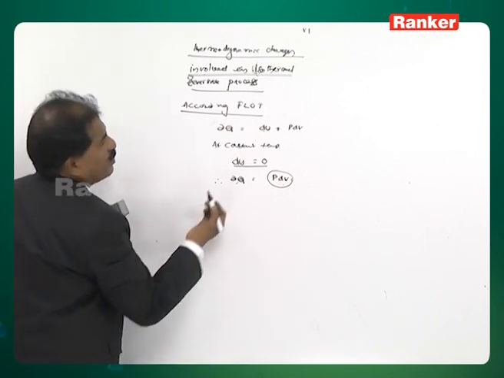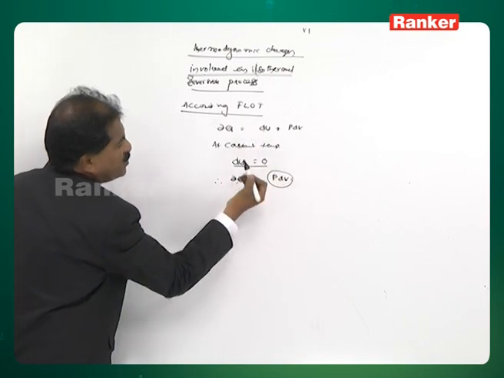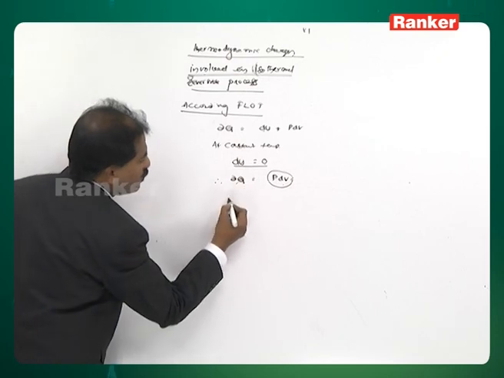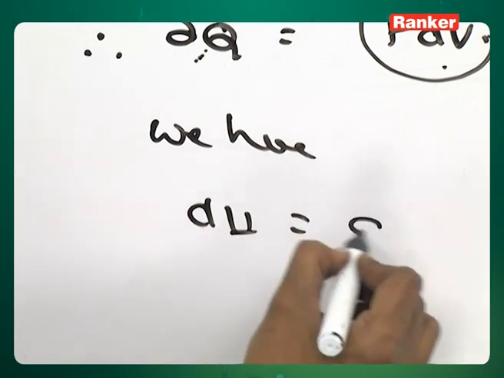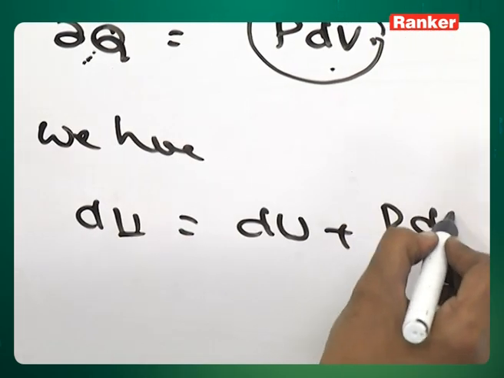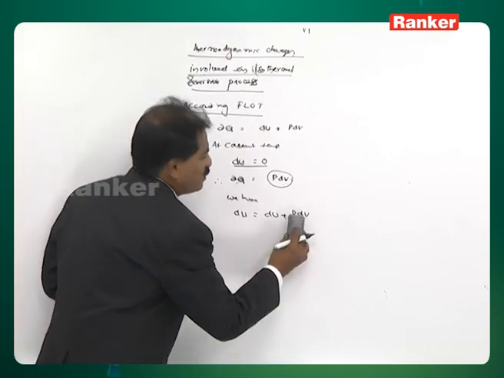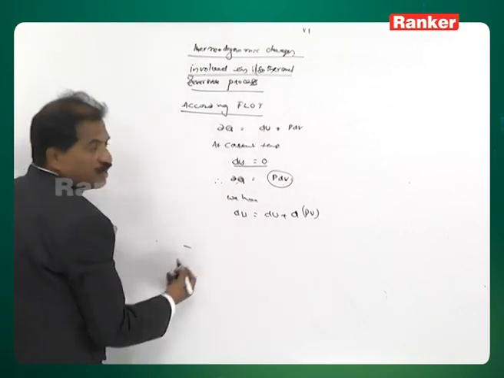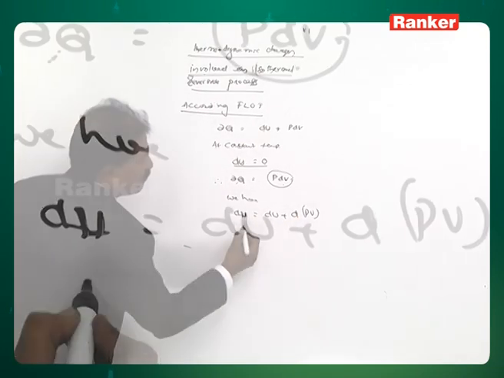According to the same first law, when the internal energy change is 0, the enthalpy change also becomes 0, because we have the expression del H is equal to dU plus P dV. The enthalpy change can also be represented as dU plus the differential of PV.